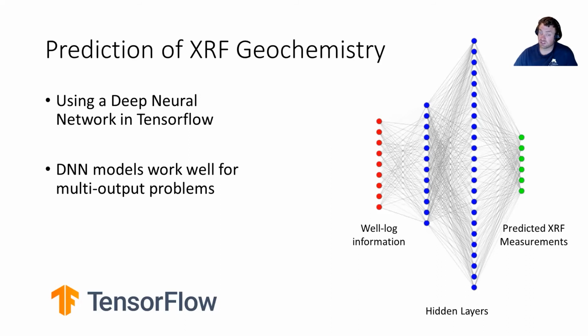Petrophysicists have been using neural nets for years for predicting XRF geochemistry from well logs. What's new about this is that it's going to be in open source data with open source tools, so everyone can do this workflow on their own data or try to improve the predictions that I come up with.